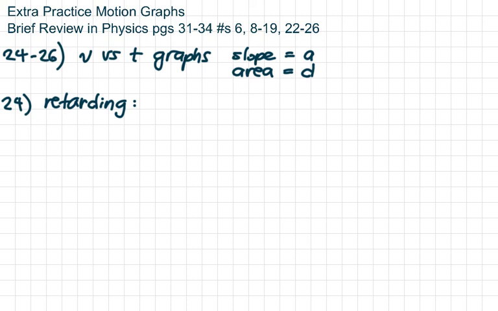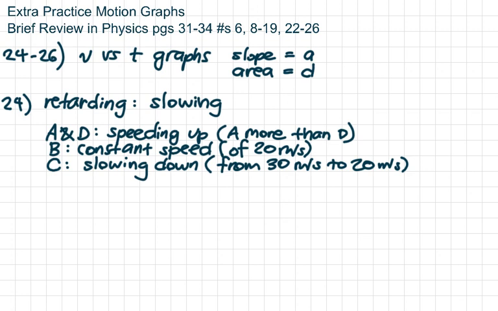Retarding means slowing. So which one was slowing down? If we look at all the different graphs, I can see that A and D are speeding up, A more than D. B is a constant speed, but C is the one that is slowing down or having a slowing force.